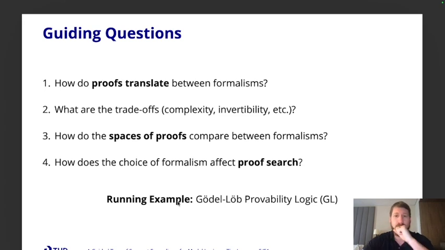And I'm going to also talk about what properties are gained or lost, like invertibility, how spaces of proofs expand or contract as you transition between formalisms, and also how the choice of formalism affects proof search. So one thing that we find is that systems which typically have optimal complexity tend to not support counter-model extraction, at least in the case of GL and similar PSPACE logics.